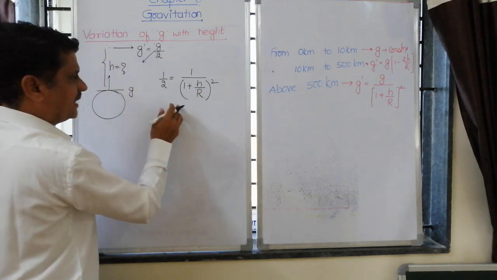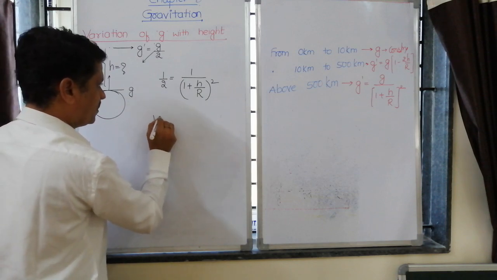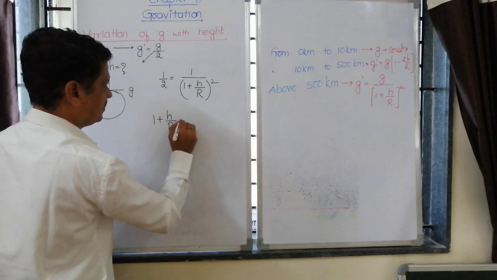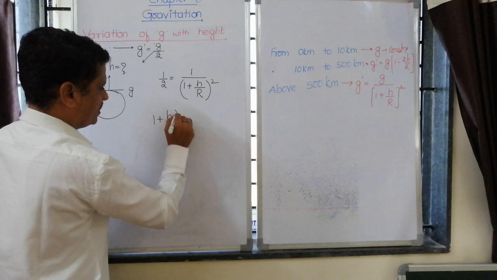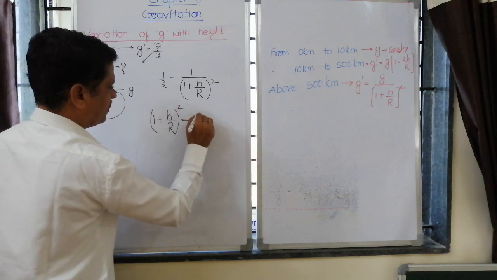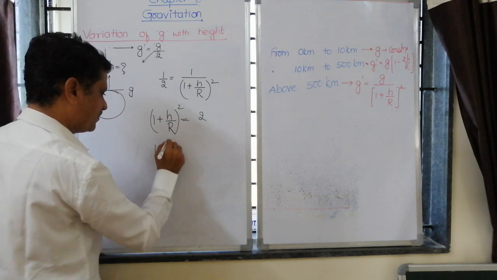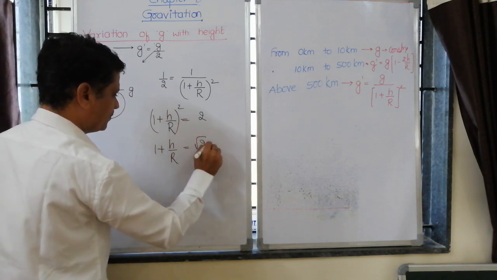Okay. Then take reciprocal or cross multiply. 1 plus H by R whole square is equal to 2. Take root on both sides. 1 plus H by R is equal to root 2.